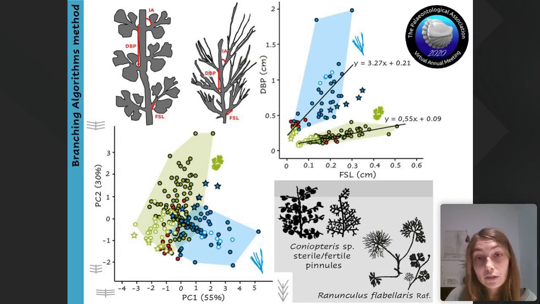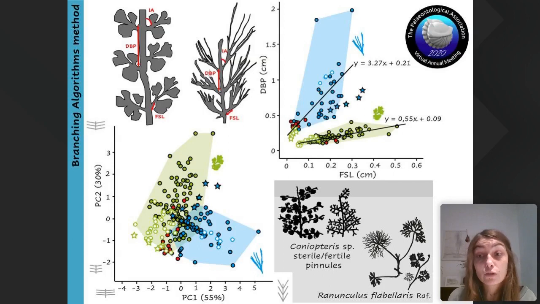Using these measurements, we saw that the filiform and sphenopteroid pinnules were architecturally different, as you can see in the green and blue dots and stars, but that specimens from Las Hoyas and from el Montsec were the same. They are the filled-in and empty circles and stars. So they are indeed architecturally different.